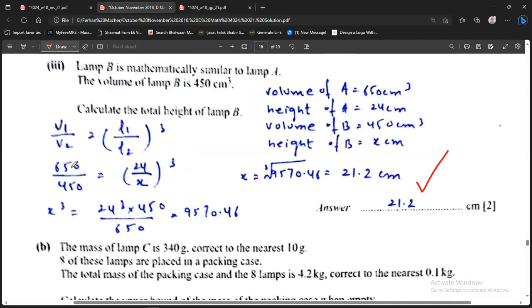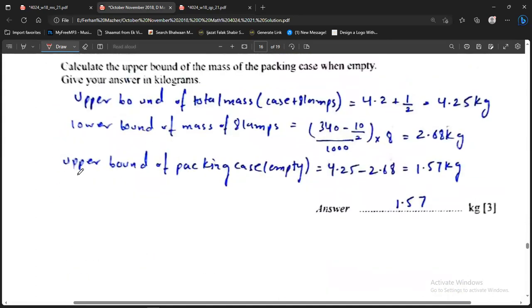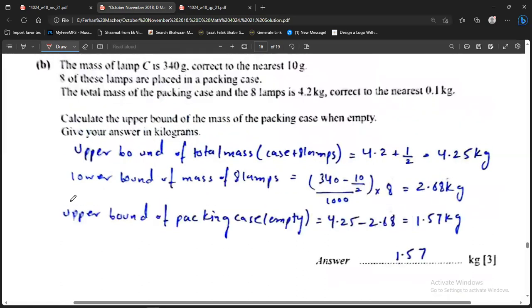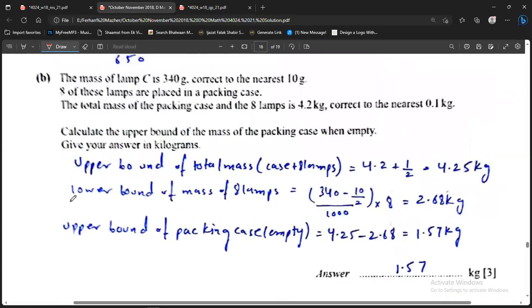Okay, so here we go. The upper bound of the total mass will be 4.2 kg plus 0.1 by 2 kg. Let me show you.